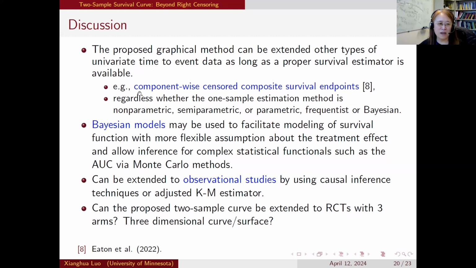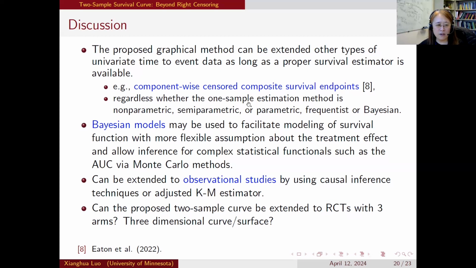In that work, we studied component-wise censored composite survival endpoint data, say relapse-free survival. The relapse time is interval censored, but death is a standard right censored. So we proposed a nonparametric estimator for that kind of data. Just as long as you can find a proper survival estimator for the one sample case, you can always put them together into a two sample curve.